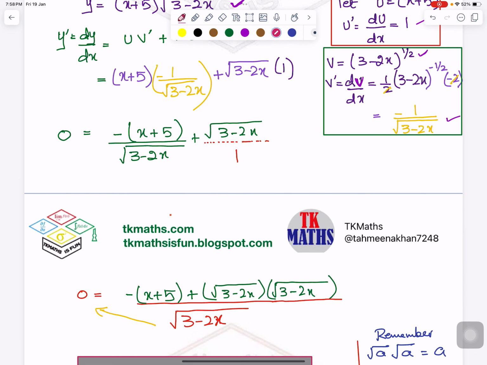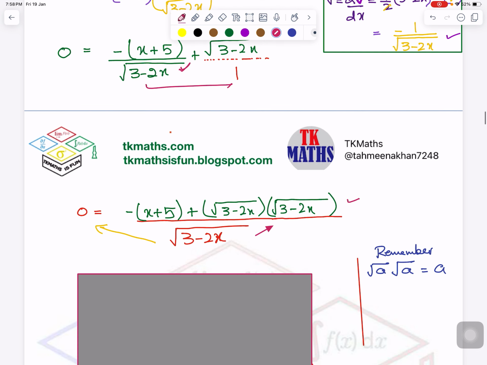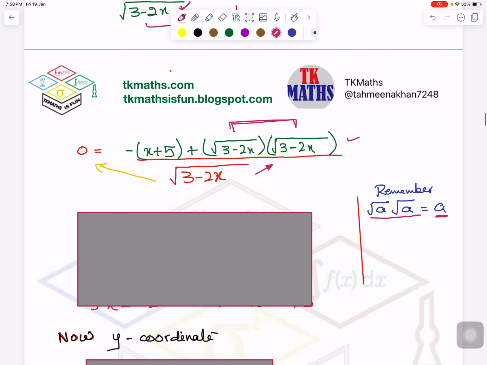What did I do here? The LCM of this and this will be the square root of 3 minus 2x. So this side will be multiplied by 3 minus 2x root, and we know that when a root is multiplied by the root of the same number, the answer is the number itself. So my answer will be 3 minus 2x; the square root will be gone.